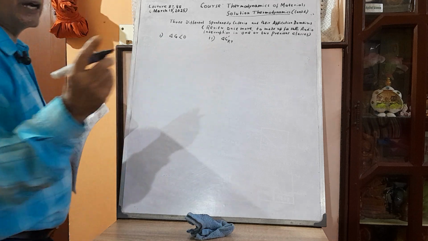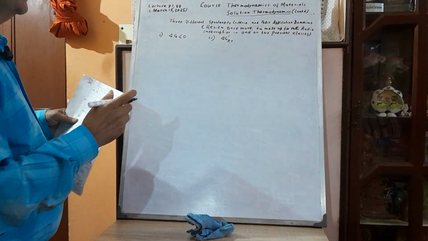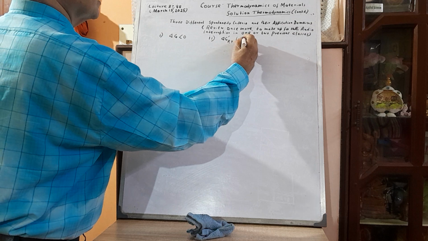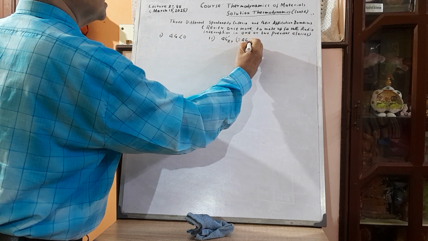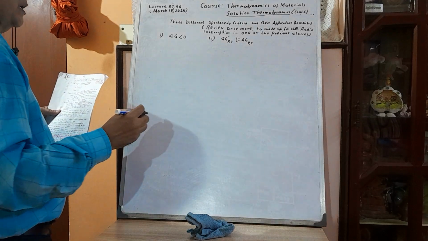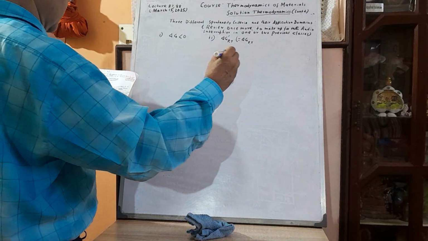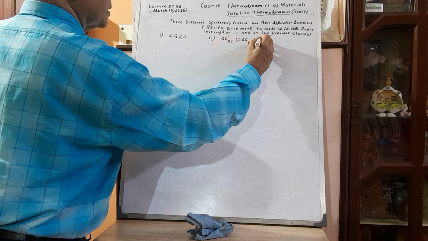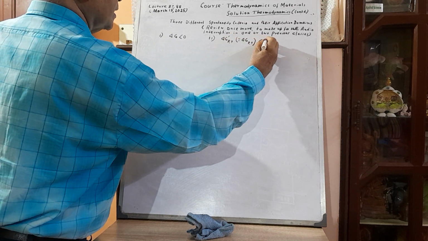If you have still any doubt, you can clarify today. Delta G prime PT, which we actually commonly write, consider delta G PT. Okay, this is a matter of symbol, this is in short. Delta G PT means this is less than 0.